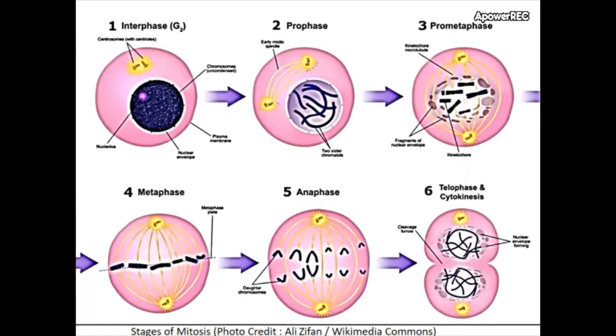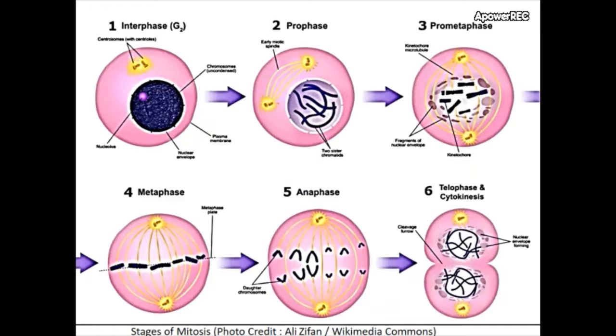The process of creating two cells from one cell is a little bit more complicated than that. It's made up of many phases here, and this process is called mitosis. So we can zoom in on this process of mitosis and break it down into steps, because it doesn't just happen like that and you've got a new nucleus.